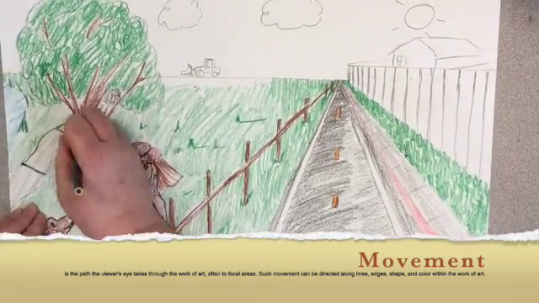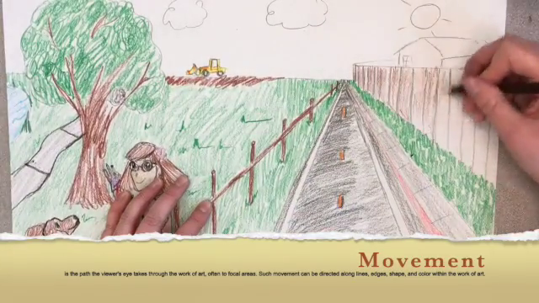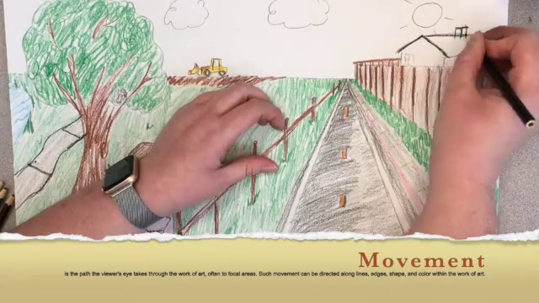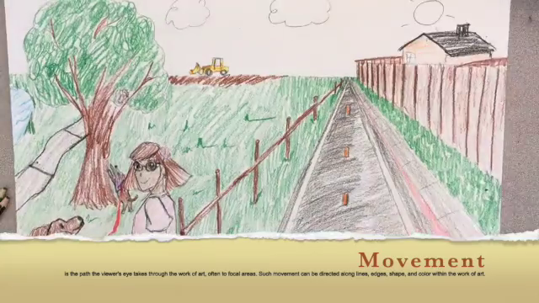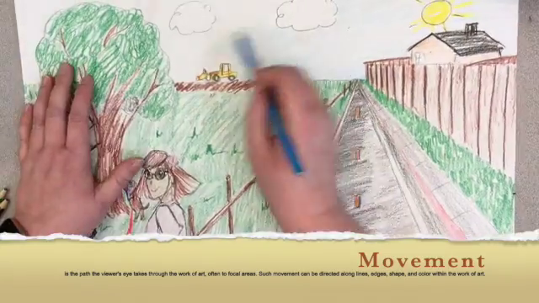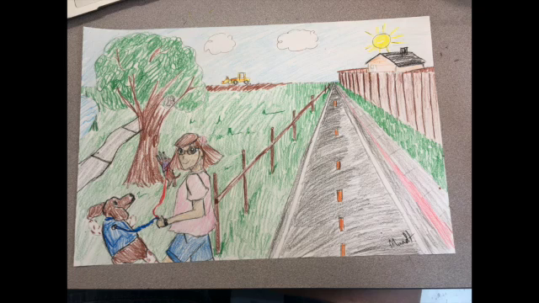When I was doing the grass, I was thinking about how I was creating my lines to create some motion in how the grass is. When we look at the definition of movement, it is the path the viewer's eye takes through the picture. And how you're coloring in can help with your one-point perspective, creating movement to that vanishing point.